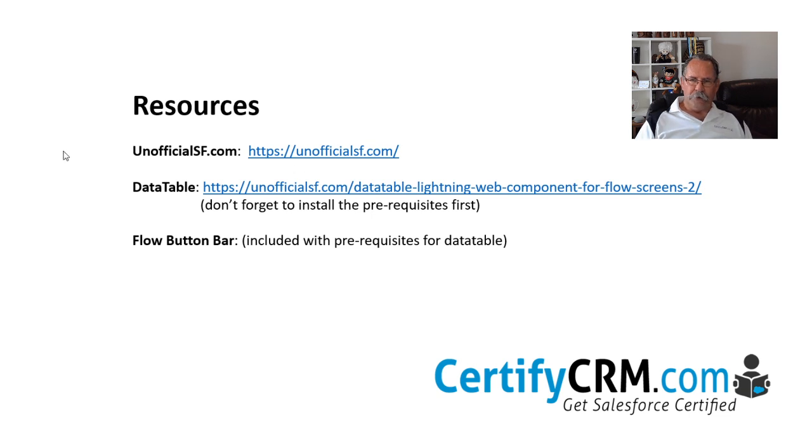We installed the data table, which had those 2 prerequisites, the screen components and the flow components, which contained our flow button bar, and we're able to put those together to create quite a neat flow that utilized both of those components.